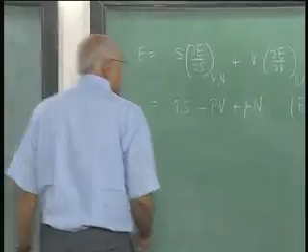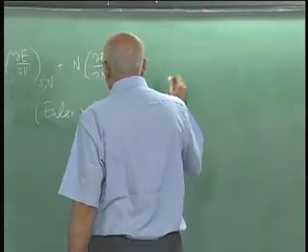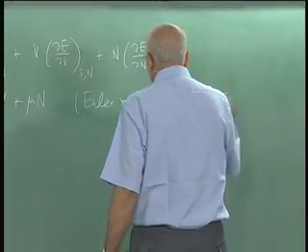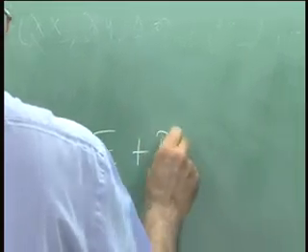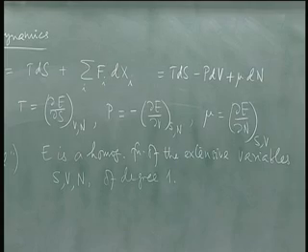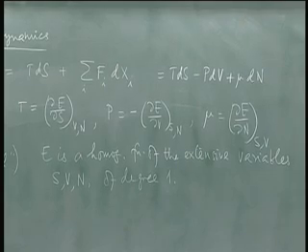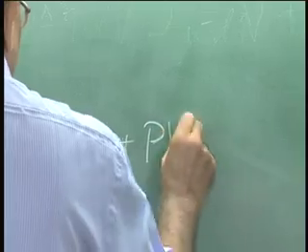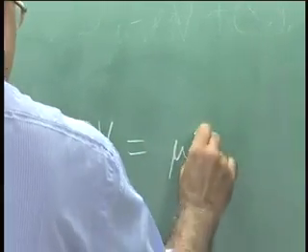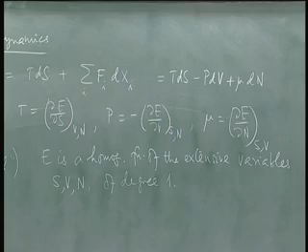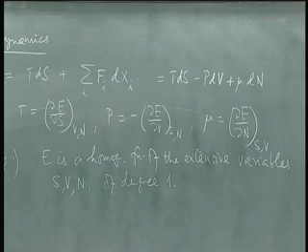But if this is true, then look at what happens. Incidentally, this also implies that E minus TS plus PV is equal to mu N. But what is E minus TS plus PV?